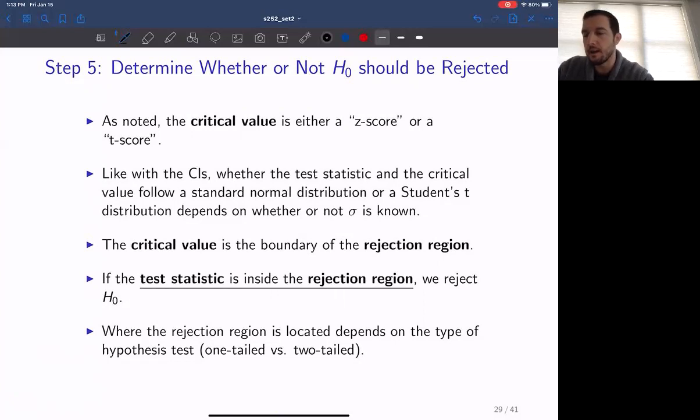Now, from a general point of view, the idea here is that on step 3 of the hypothesis test, you have computed a test statistic. The larger that test statistic is in magnitude, the more likely it is that you should reject the null hypothesis.